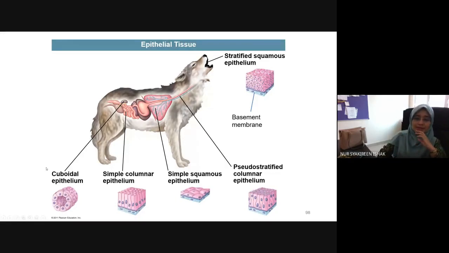And then you have cuboidal epithelium, which is the nephron within the kidney here. The nephron within the kidney is made up of cuboidal epithelium. As you can see, it is basically one cell thick, which allows the diffusion of water and also ions that occurs in the kidney, for absorption, reabsorption and secretion processes.